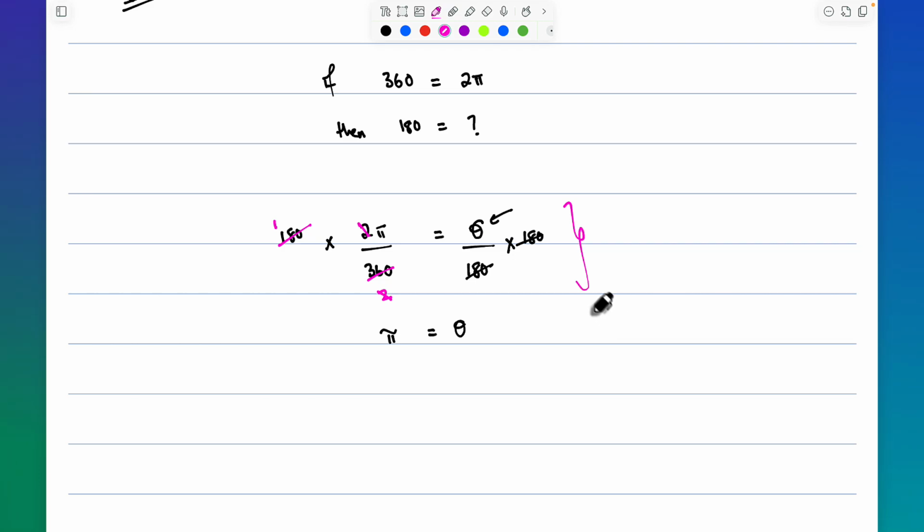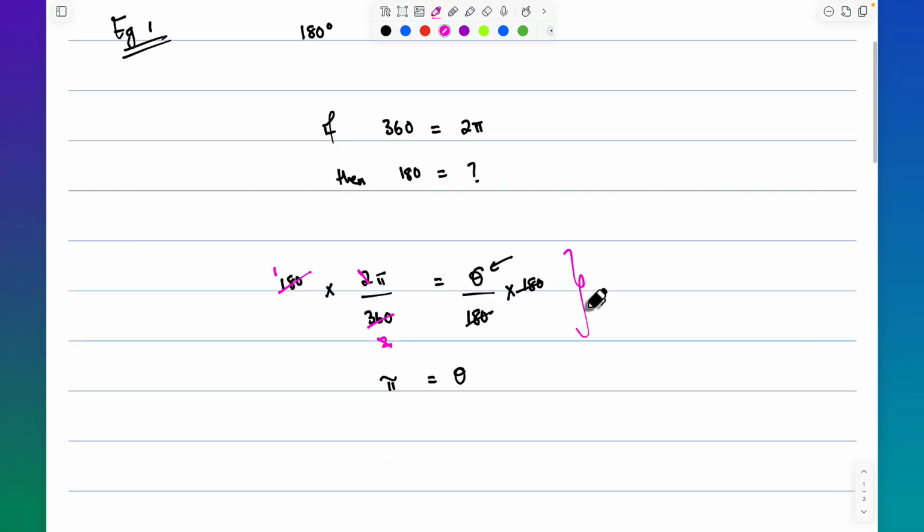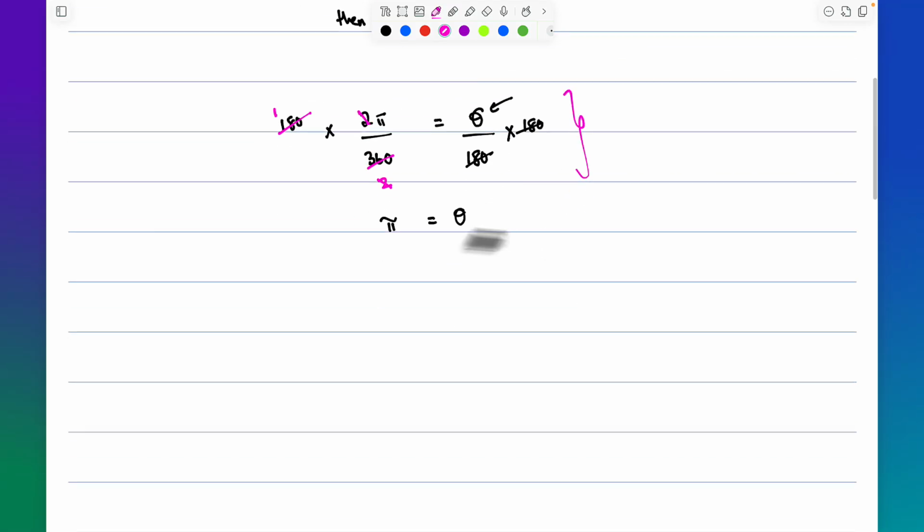If it doesn't, in order for you to remember how to convert from degrees into radians, let's just write this as a note.